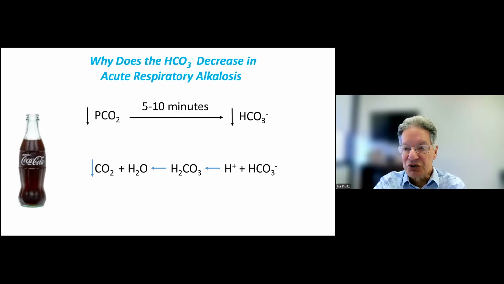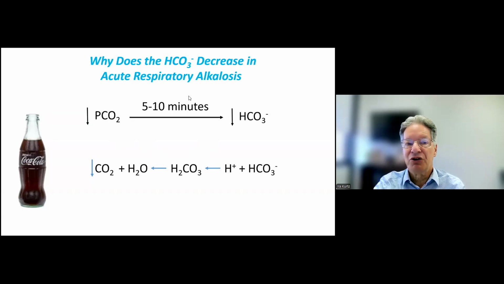You also drop the proton concentration, but it doesn't drop as much as the bicarbonate drops because other buffers release protons and keep this more or less the same. This only changes in the nanomolar range, whereas the bicarbonate is changing in the millimolar range. That's because other buffers release protons because their equilibrium has been shifted also and keeps this relatively the same, although it does drop a little bit.